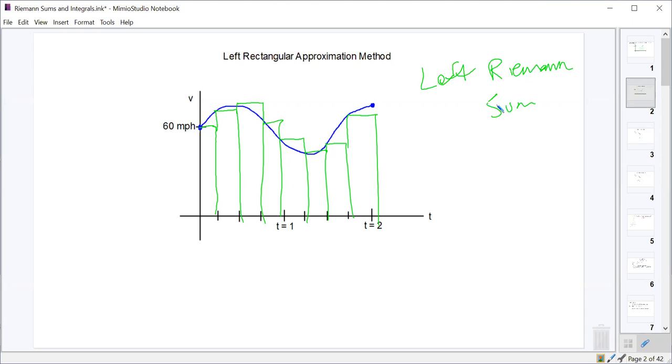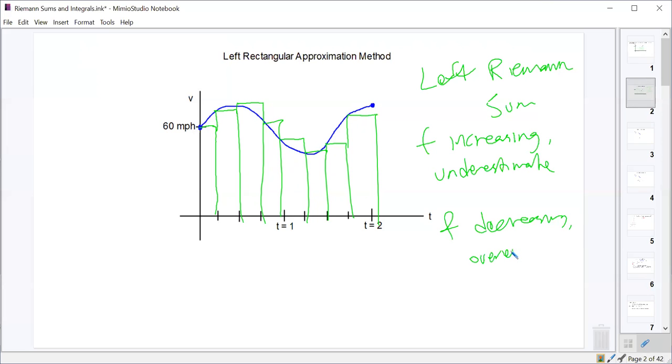A couple things that we will note. First off, when the function is increasing, so if f is increasing, what does that tell us about the approximation? It's an underestimate. And if the function is decreasing, this is an overestimate.